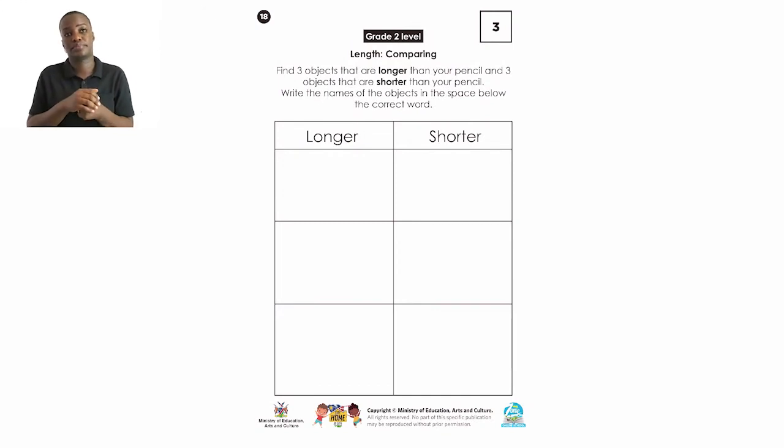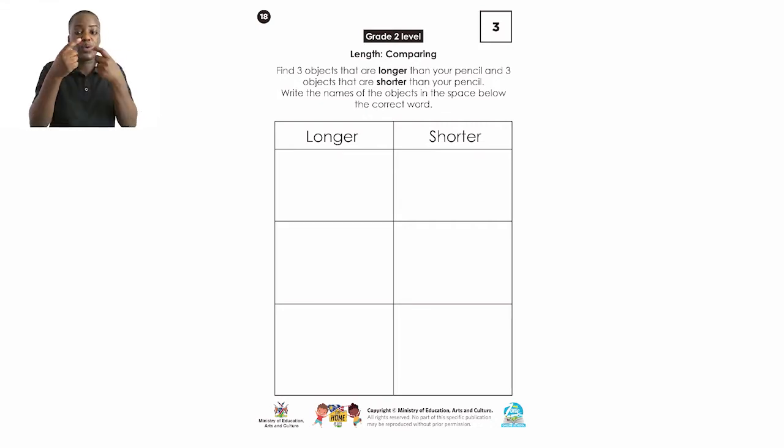On page 18 is a different exercise, but we are still dealing with measuring. Here we can see that it is asking you to measure 3 objects that are longer or 3 objects that are shorter than your pencil. Now everybody has a pencil at home, so I want you to find any 3 objects.